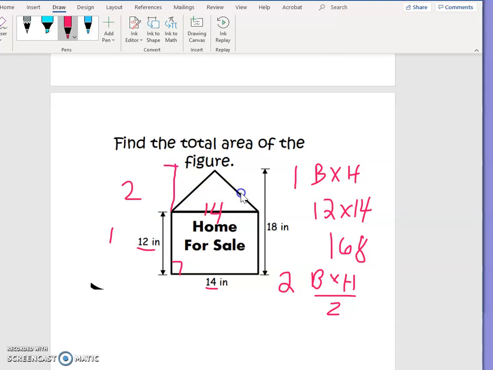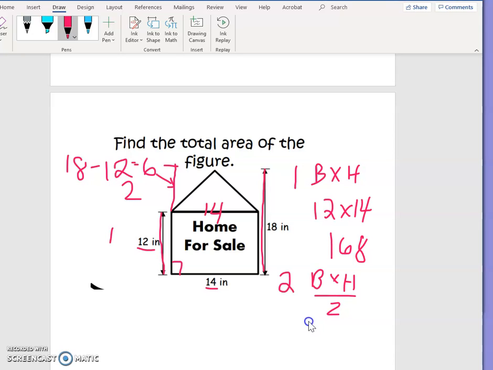I know that over here we have 18 goes the entire distance of the shape, and I know that over here the rectangle part is 12. So the height of the triangle can be found by taking the total distance minus the distance of the rectangle, and we'll find that our height is 6.